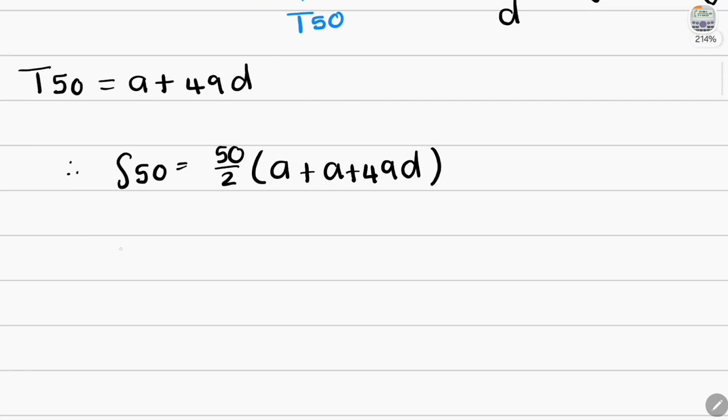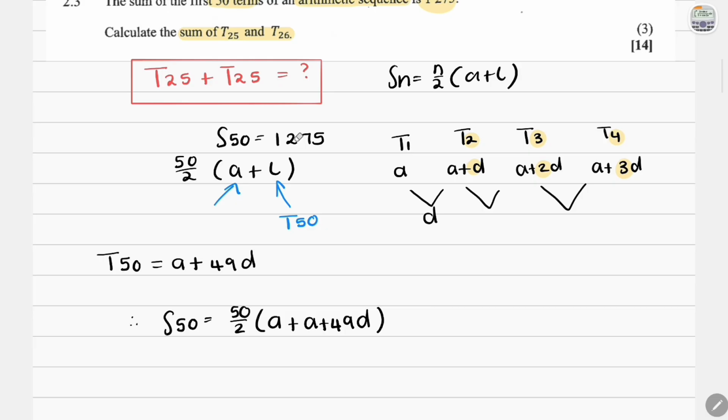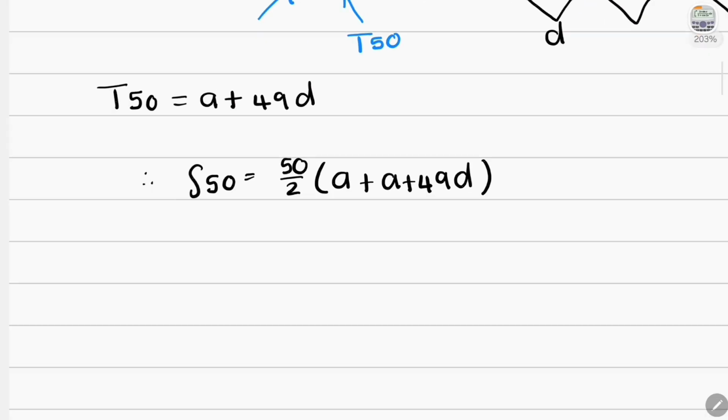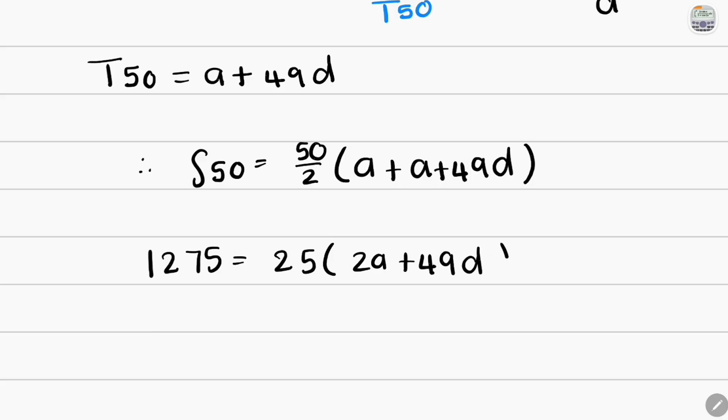And let's just simplify this. Now we're going to substitute because this is an equation. So in terms of S of 50, we're going to put down the value they gave us, which is 1,275. So 1,275 is equal to, and we have 25, and this is 2A plus 49D.